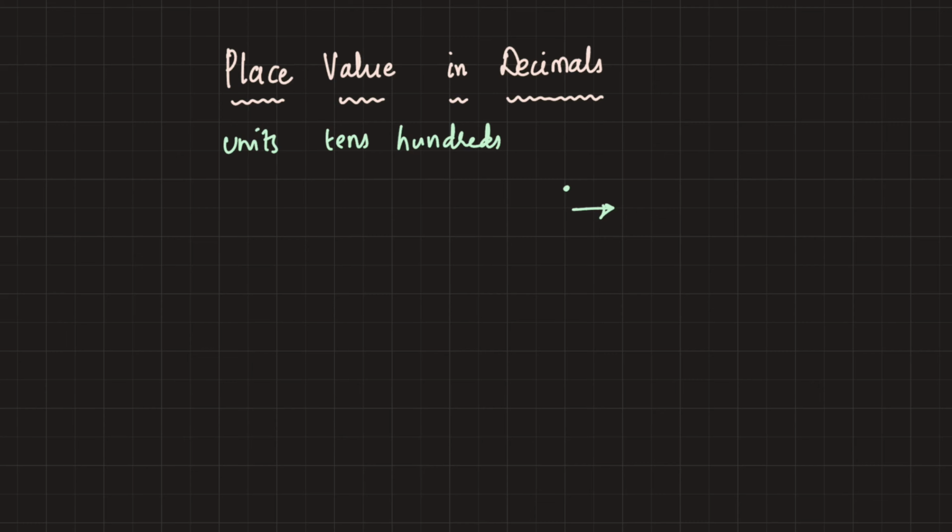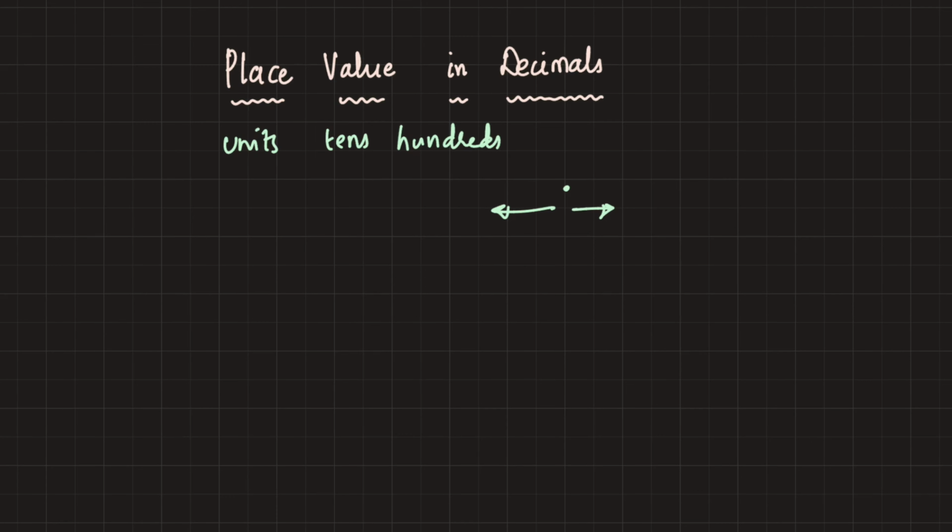So we have the left of the decimal point and right of the decimal point. Left of the decimal point, the place value system would work exactly like it worked with whole numbers, but to the right of the decimal point, we'll see how it works.